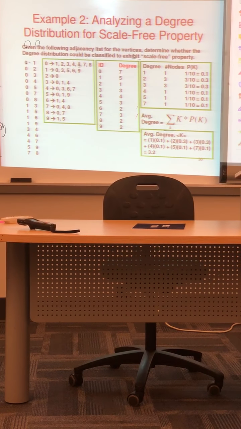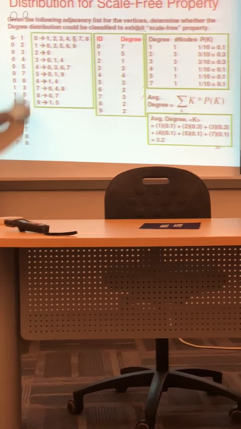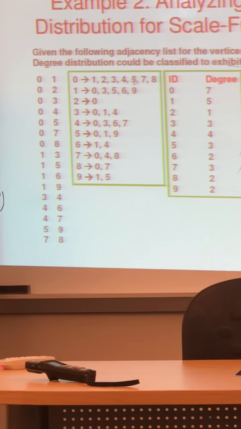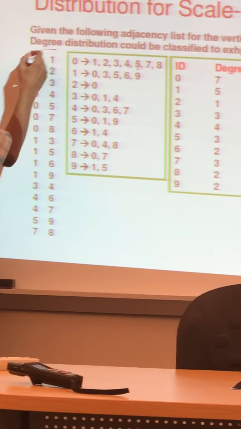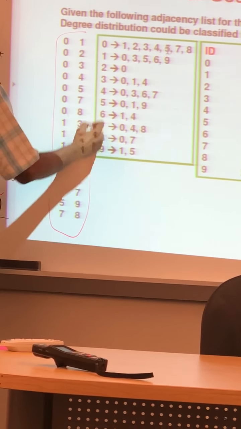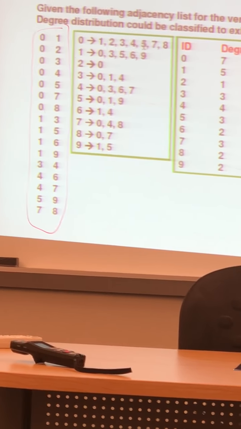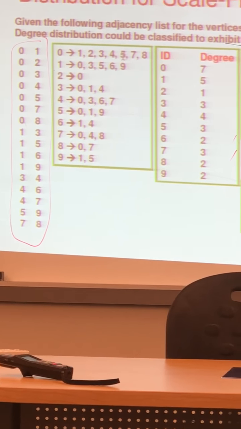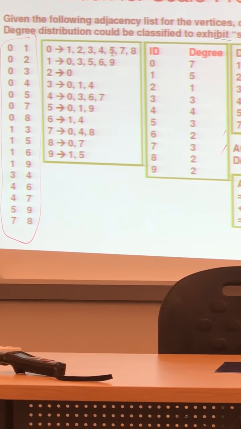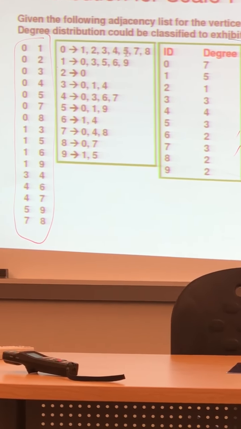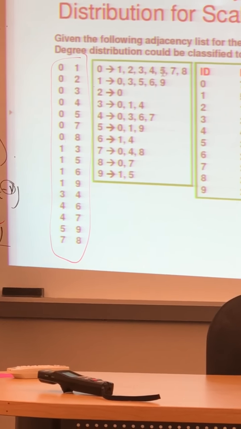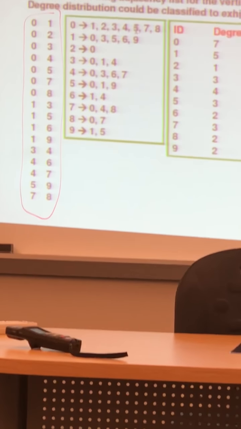Okay. So given the adjacency list of the vertices, so what I will give you is just this. If you're given the adjacency list of the vertices, you want to determine whether the network could exhibit a scale-free property. Okay, so what is the scale-free property?